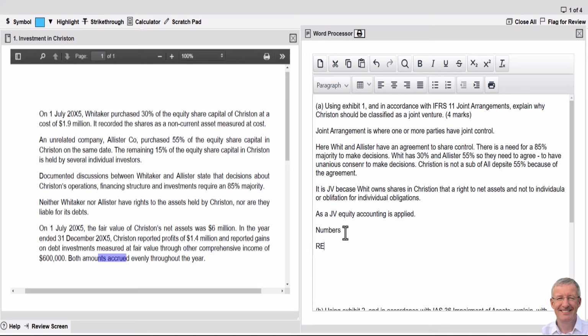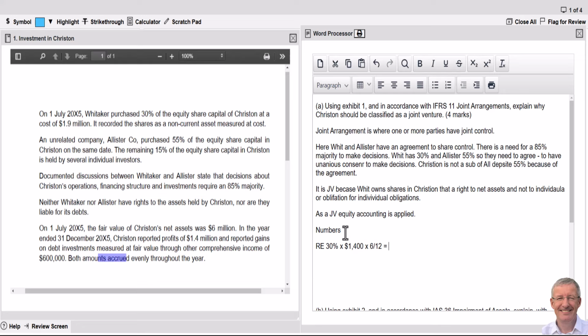Now, when you've got equity accounting, you're dealing with the share of the profits. The profits are 1.4 million, but those profits have accrued evenly over the accounting period, and we've only had it for 6 months of the year. Now, I know you could do this in a spreadsheet.